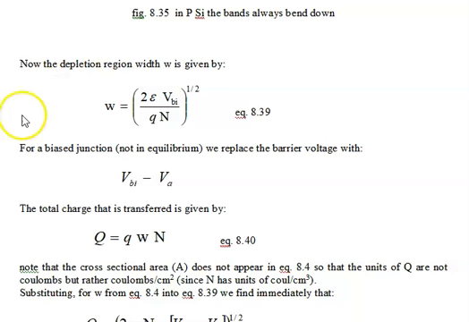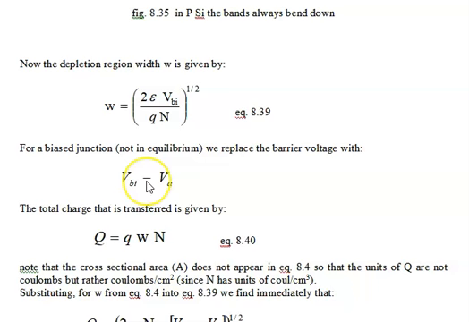Okay, so this is a little bit of a preview. We're going to be looking at this quite a bit in the future for a biased junction, not an equilibrium. That's the whole subject for Chapter 9, but this again is just a preview. We have VBI turning into VBI minus some applied voltage.